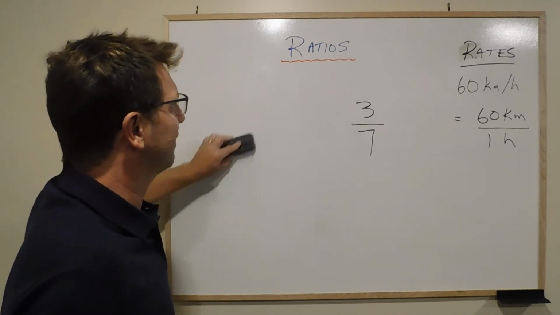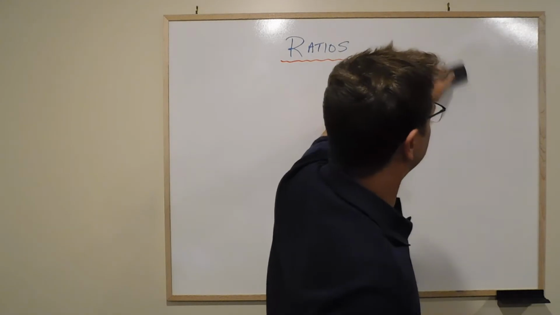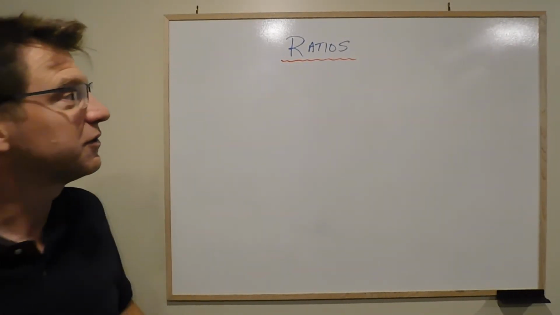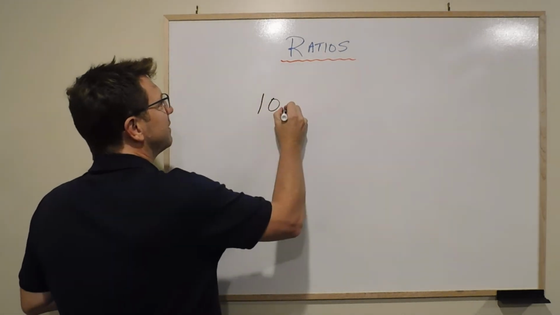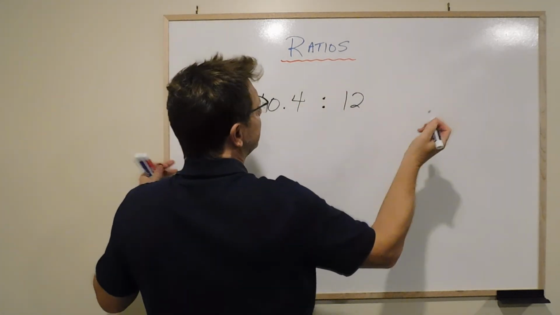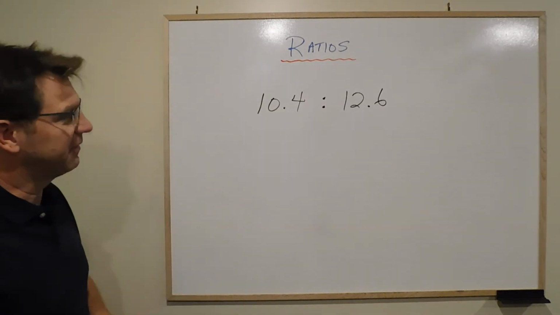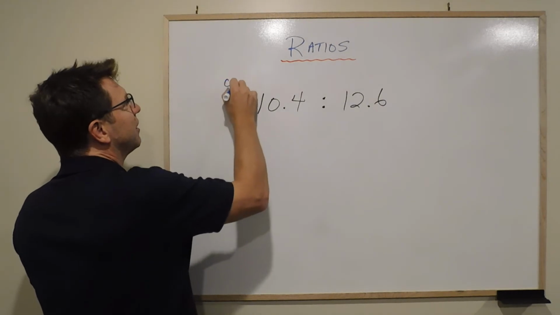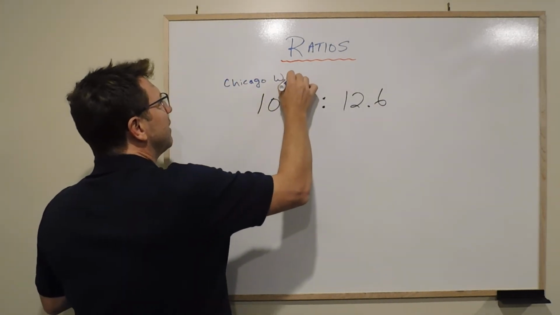So let's carry on. I'll give you a quick example here. Get rid of the rates, mainly because we're talking about ratios. Okay. So if I have something like this, let's say I have this 12.6, doesn't matter, and we're talking about, let's use the wind speed. So this is the Chicago wind speed.